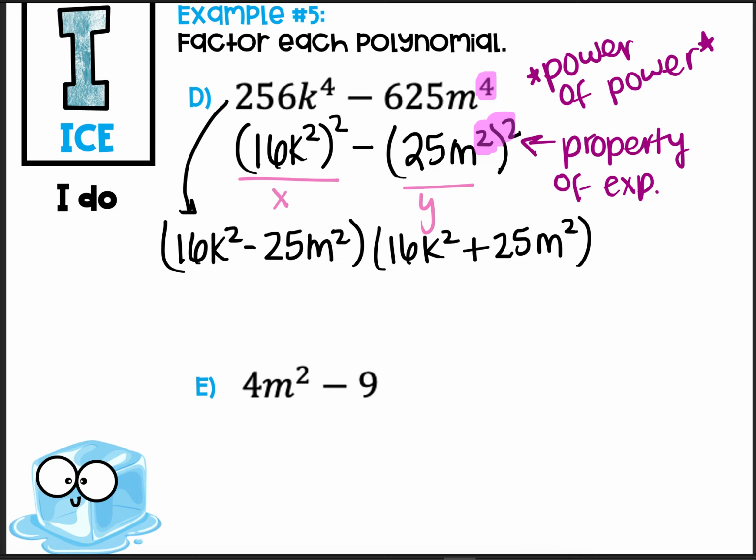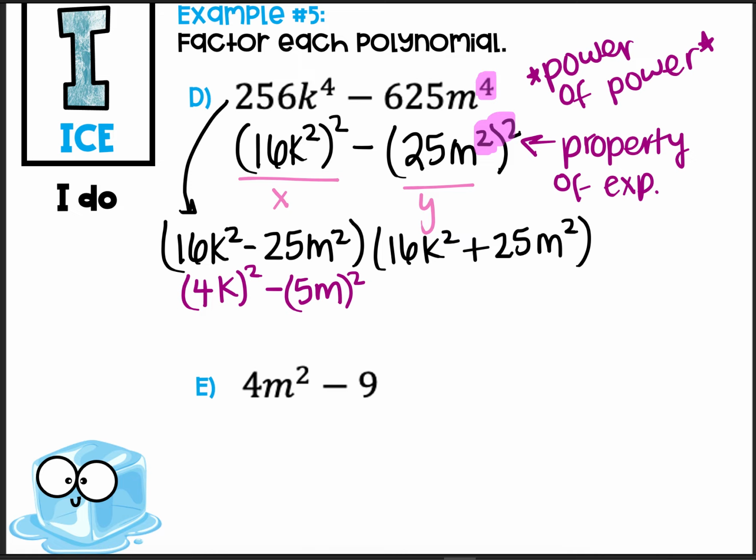It looks like I can keep on factoring because this looks like another difference of squares. My first term can be rewritten as 4k squared minus 5m squared. There's not a formula for a sum of squares, so we cannot factor the second term.